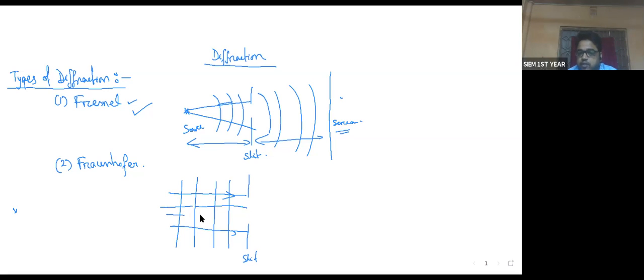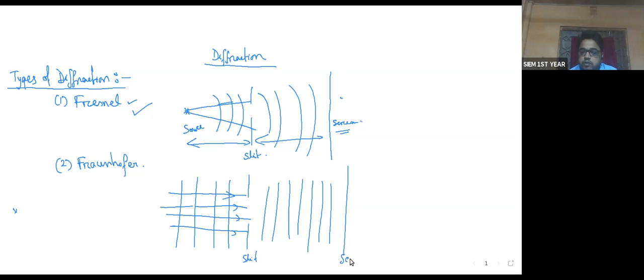The light rays are parallel, the wavefronts are parallel, so you can say that your source is at infinite distance. Similarly, the light passing through must have a plane wavefront when it is incident on the screen.